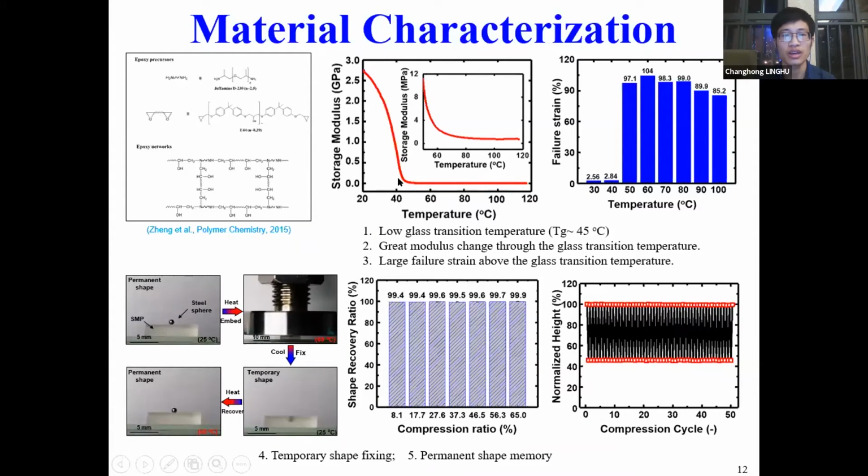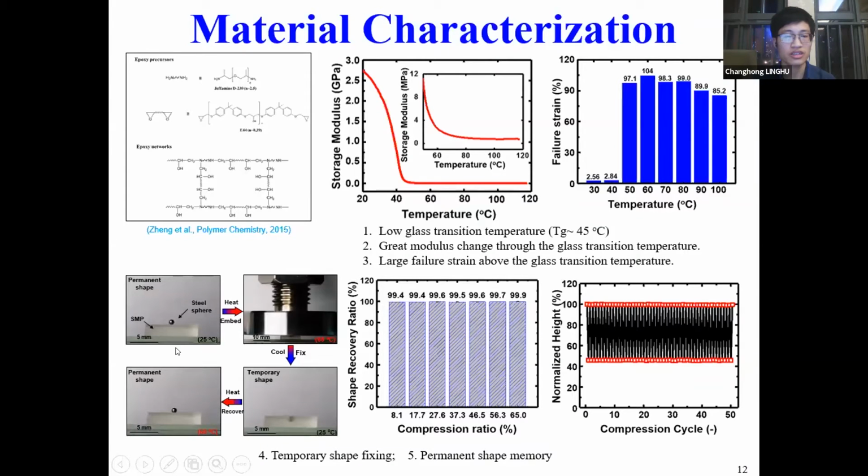Below the Tg, the SMP is in a stiff state with storage modulus of more than 2.5 gigapascal, below 25 degrees centigrade, while above the glass transition temperature it is in a soft state with the storage modulus less than 2.5 megapascal. And the SMP can sustain very large elongation before failure at the soft stage.